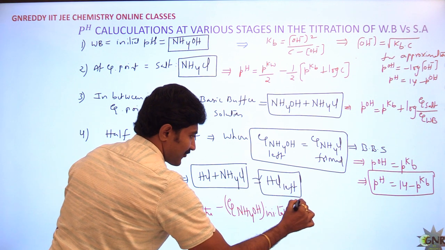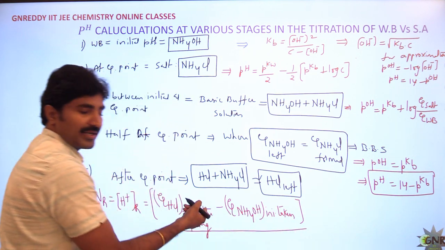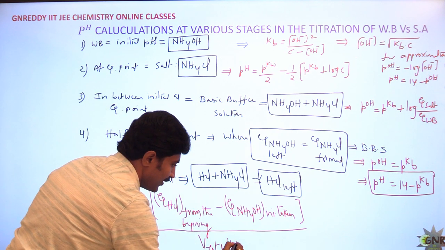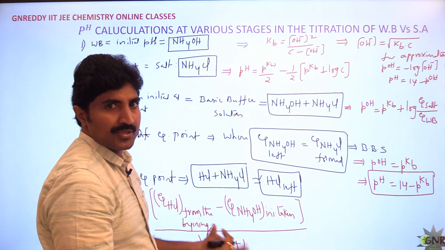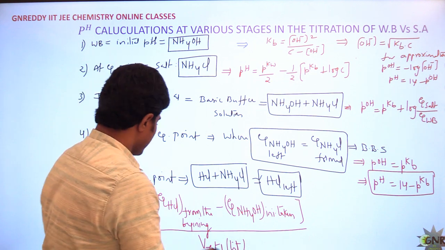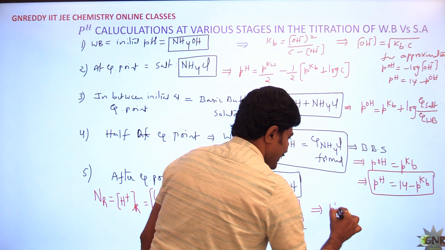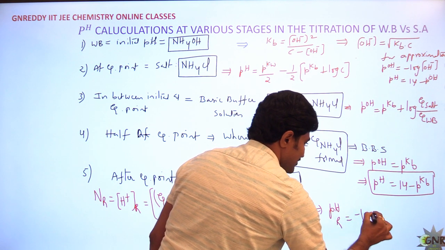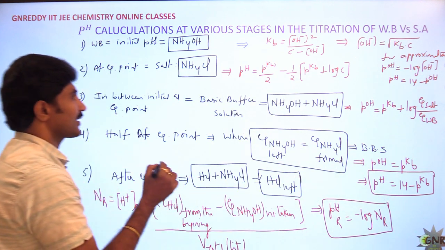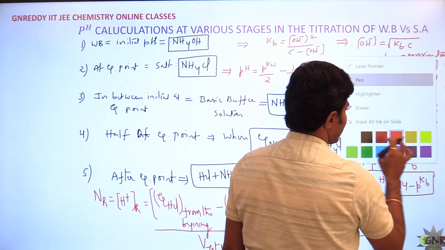The difference gives the equivalents of HCl left; to calculate normality, take equivalents by volume in liters, but you have to use the total volume. Total volume means the sum of the strong acid volume and the weak base volume. So we get the resultant normality. From this, calculate the pH of the resultant solution as minus log of resultant normality. So like this you can calculate.